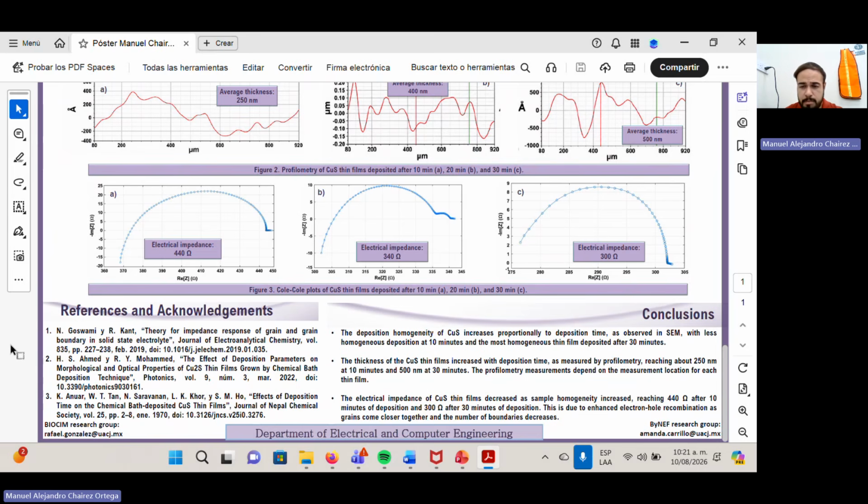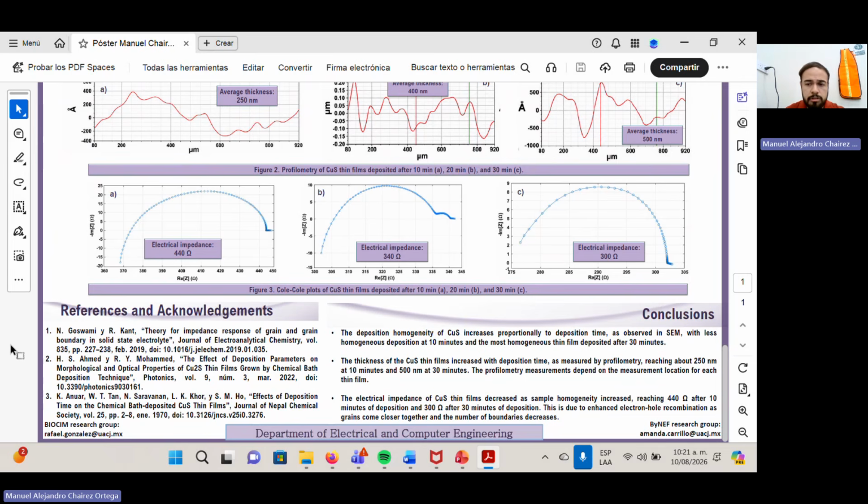The profilometry measurements depend on the measurement location for each thin film, and the electrical impedance of copper sulfide thin films decreased as sample homogeneity increased, reaching 414 ohms after 10 minutes of deposition and 300 ohms after 30 minutes of deposition. This is due to enhanced electron hole recombination as grains come closer together and the number of boundaries decreases.